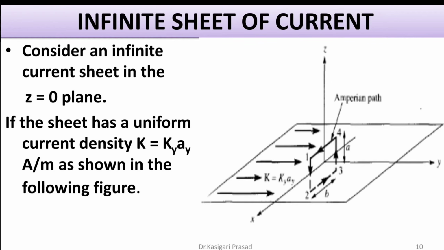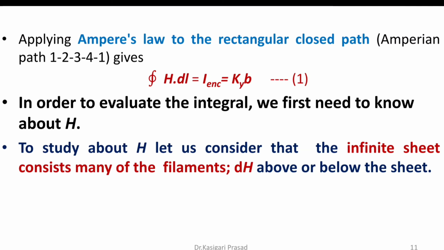It means the path goes from bottom left to bottom right, from bottom right to top right, and from top right to top left, creating a closed path 1, 2, 3, 4 and 4 to 1. This is the direction of the path. Now applying Ampere's law to this rectangular closed path 1, 2, 3, 4, 1, what is Ampere's law?